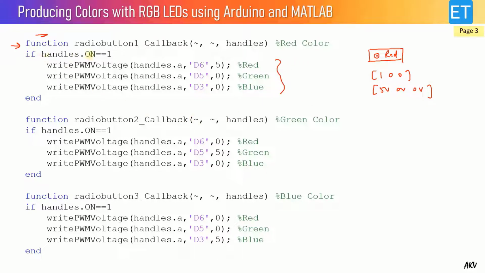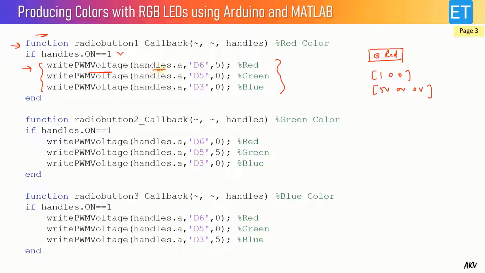So if handles.on equal to 1, it means it is checking whether the board is connected to your MATLAB or not. So this becomes 1 only if your board is on. Obviously your board is on because you have already pressed that board on button. Now these lines will be executed. So here you can see that write PWM voltage. This I have already explained.